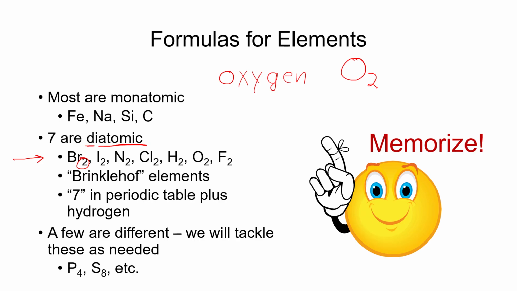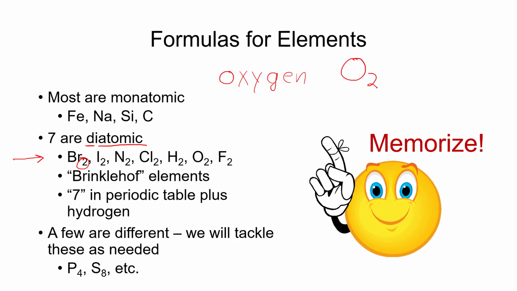And also, some people memorize these based on their position in the periodic table. There are 7 of them. If you look at where they're located in the periodic table, they're in that upper right corner, making sort of the number 7 if you were to shade them in, plus hydrogen, because hydrogen's not part of that 7 in the periodic table, but it is part of the 7 that need a subscript of 2.